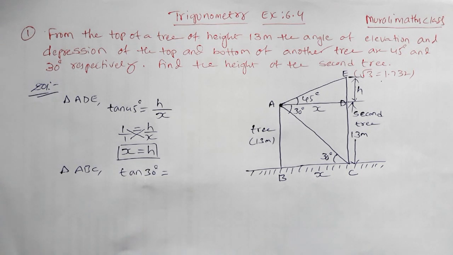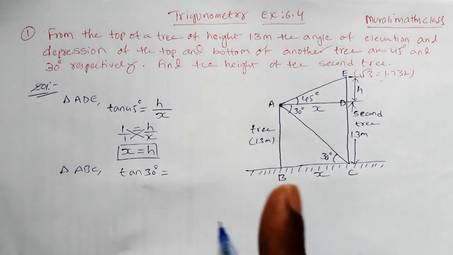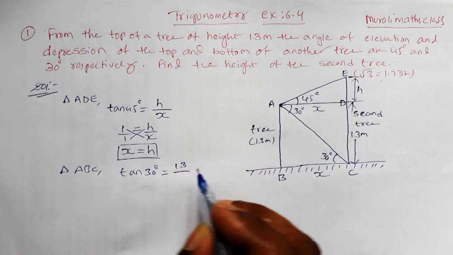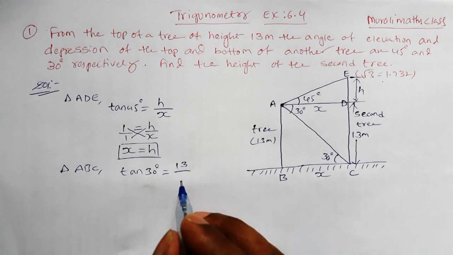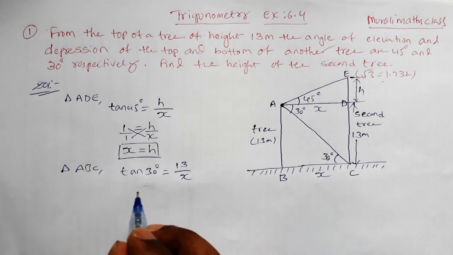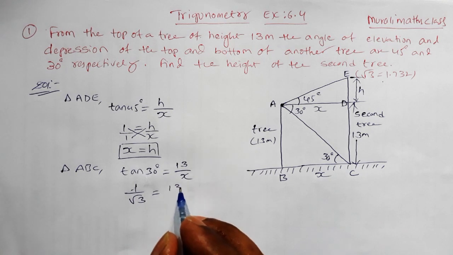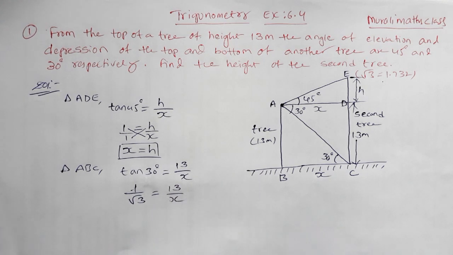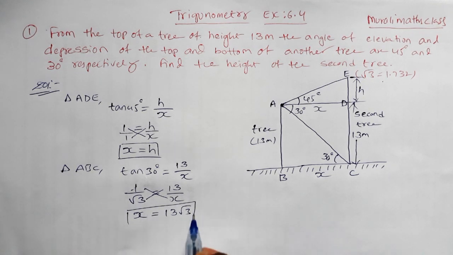Tan 30 opposite 13, adjacent X. Tan 30 answer is 1 by root 3, equals 13 by X. Do cross multiplication. X into 1 is X, 13 into root 3 is 13 root 3. X answer we got.